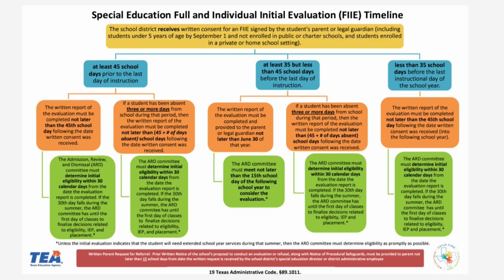The admission, review, and dismissal ARD committee must determine initial eligibility within 30 days from the date the evaluation report is completed. If the 30th day falls during the summer, the ARD committee has until the first day of classes to finalize decisions related to eligibility, IEP, and placement.